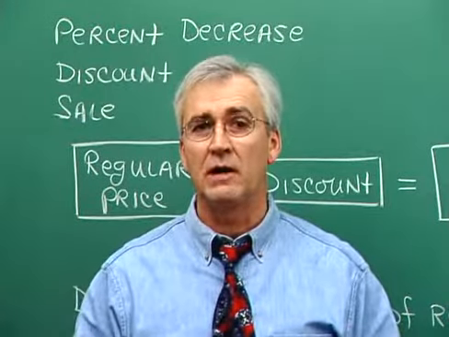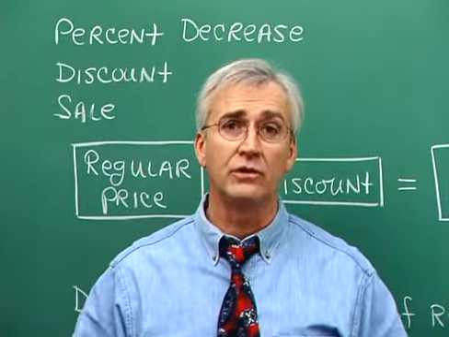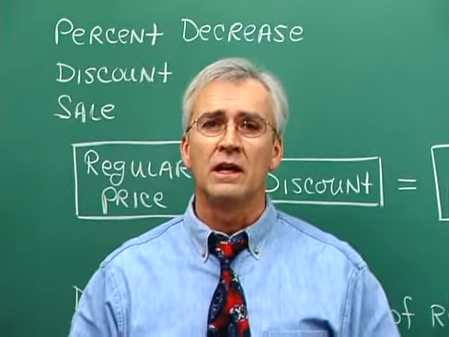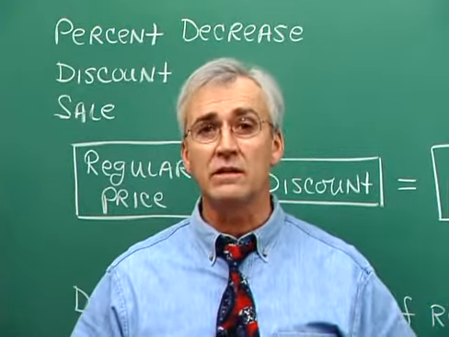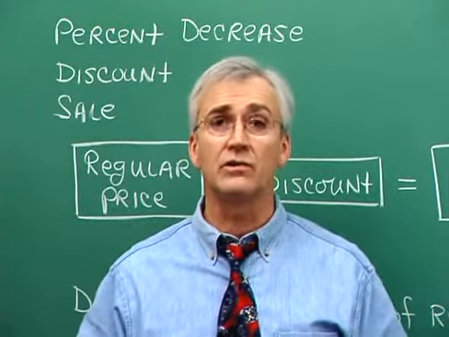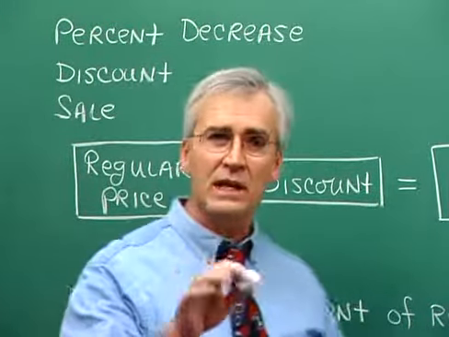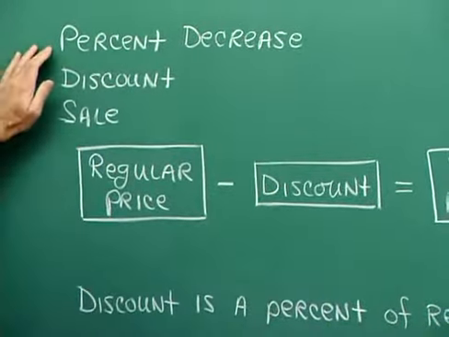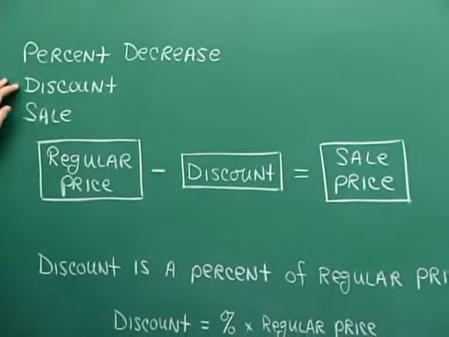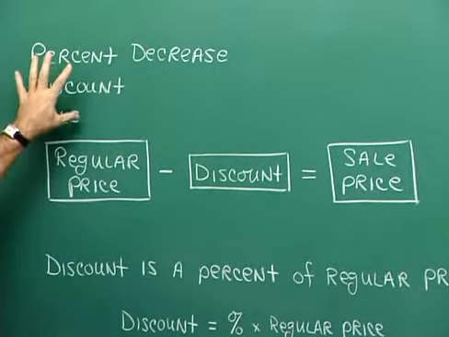When we talked about markup a little bit ago, we discovered that markup is related to percent increase. Now, we just talked about percent decrease, and it has a relationship in business as well, and it's the notion of a discount or a sale. So it's the idea that percent decrease and the notion of discount and the idea of a sale in a store all relate to one another.